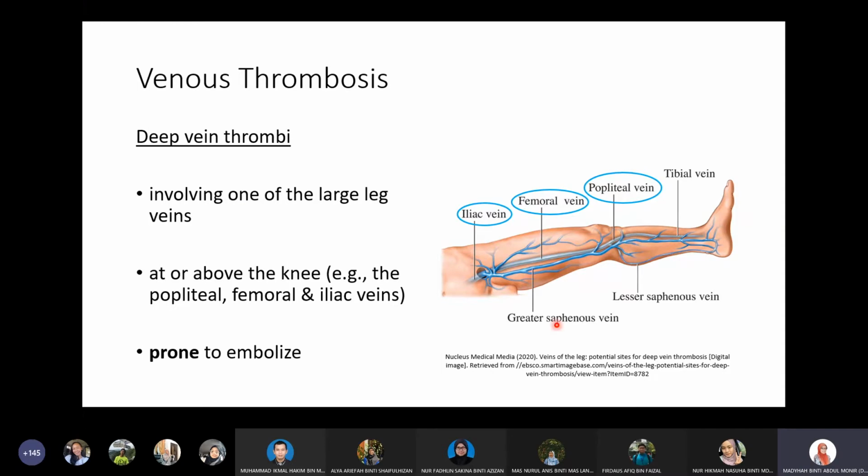So usually the veins involved are the popliteal, the femoral and iliac veins. So what will happen if there is thrombus formation in this area? It is important because part of the thrombus can dislodge and embolize to other locations.